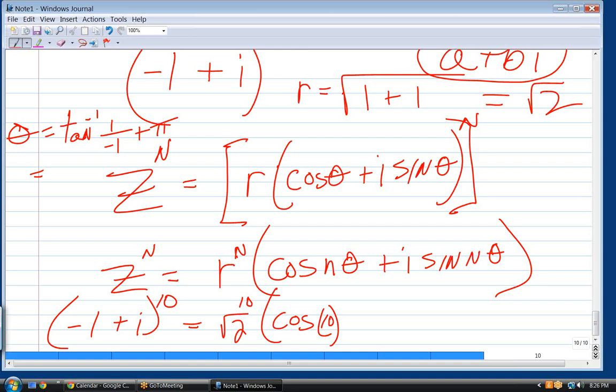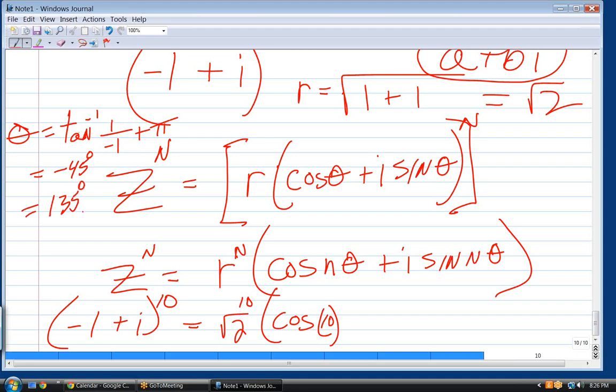Not sure. Tan of 1, you want to remember that. In other words, the tan of 45 degrees is 1. That's kind of worth memorizing, kind of like the sine of 30 degrees is 1/2. Okay? So inverse tan of -1 is minus 45 degrees, plus pi makes it 135 degrees.